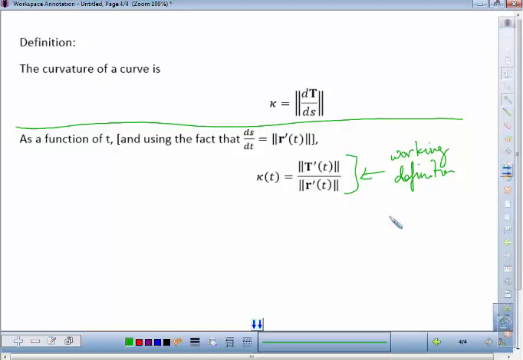All right, so let's see if we could do an example. I don't know what we should try. Let's try a helix. Seems like it's the thing to do.